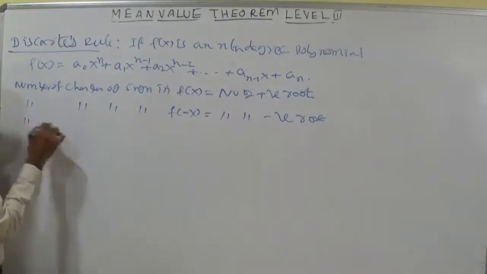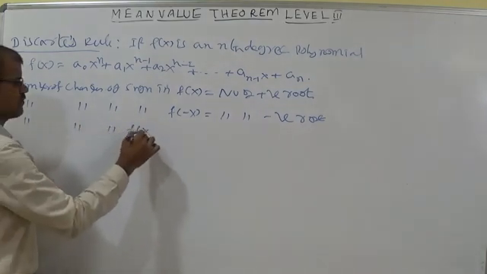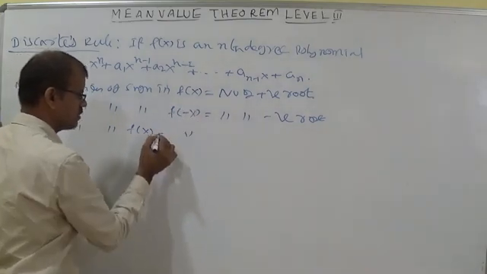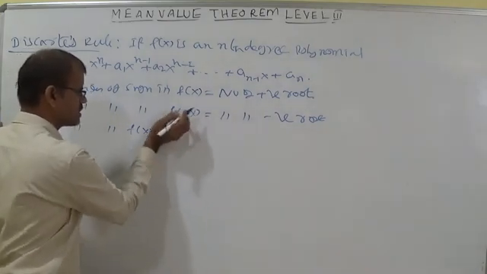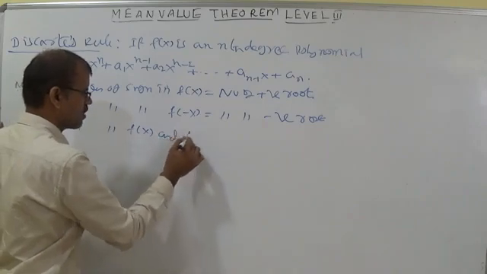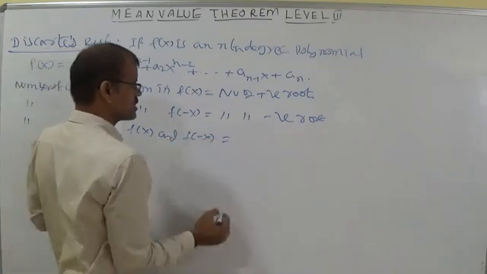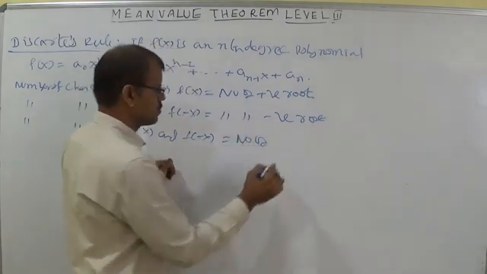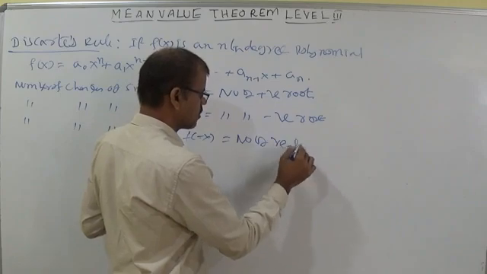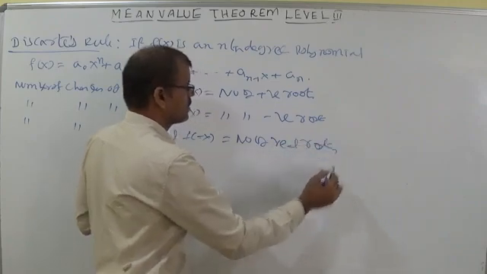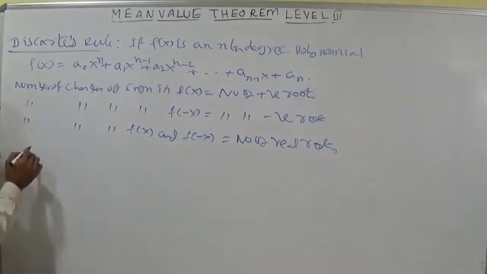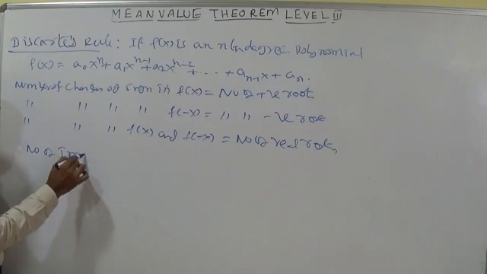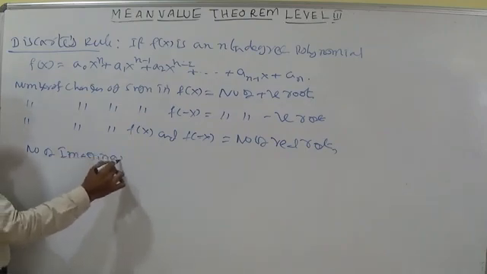Both the number of changes of sign in f of x and f of minus x together give positive plus negative, that is, the number of real roots. Next, the number of imaginary or complex roots.